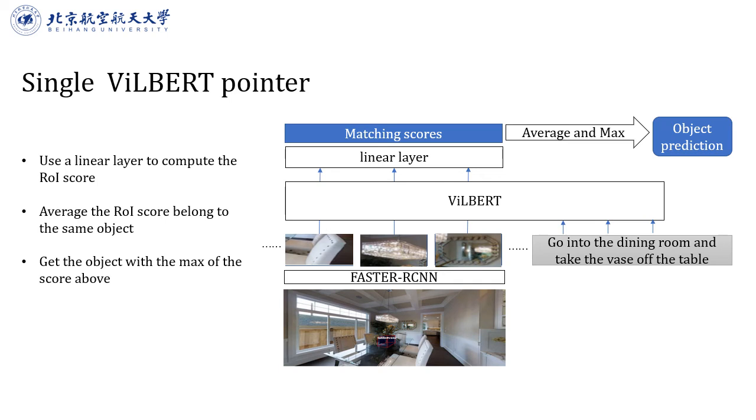Here is the structure of the ViLBERT pointer. We use a Faster R-CNN to extract image features and feed these image features with the instruction to ViLBERT and get embeddings. After the linear layer, a matching score is predicted. In one viewpoint, there might be many regions of interest of the same object, so we compute the score of an object by averaging the scores of the different ROIs that contain this object.